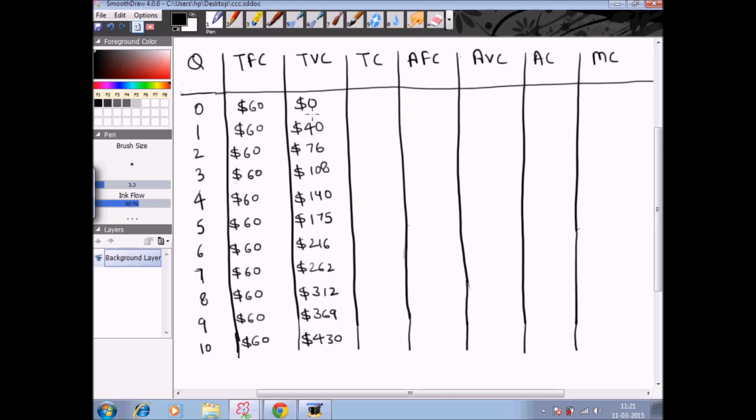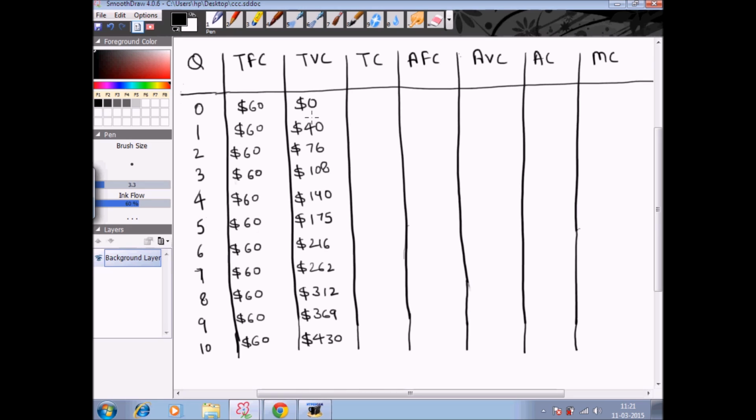Total variable cost, as discussed earlier, increases with the increase in the output. So we can see that when there was no production, that is 0 units were produced, the firm doesn't have to bear any variable cost. When the firm increases its level of production to 1 unit, the total variable cost was $40.